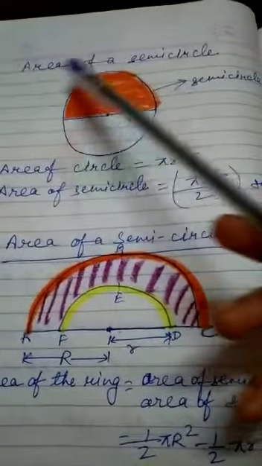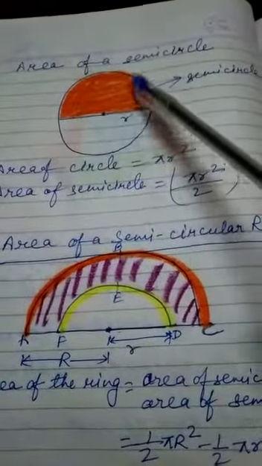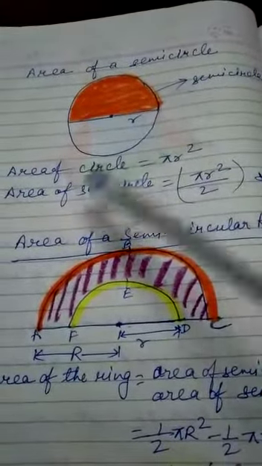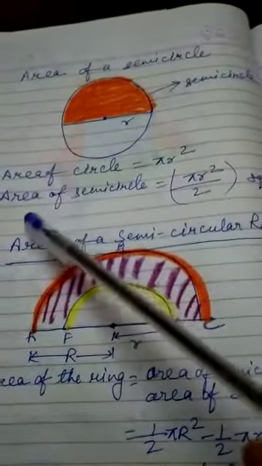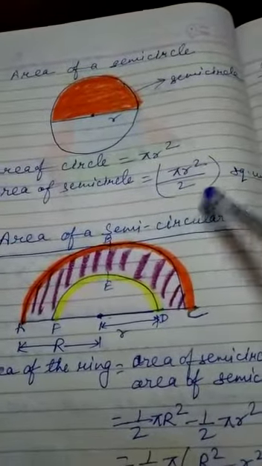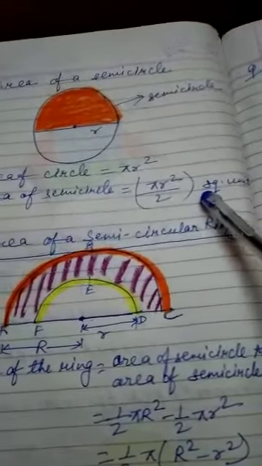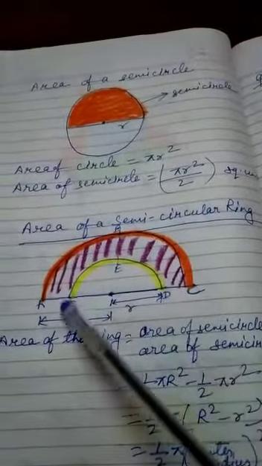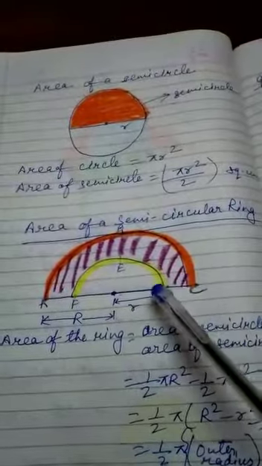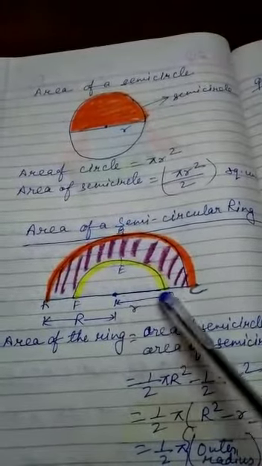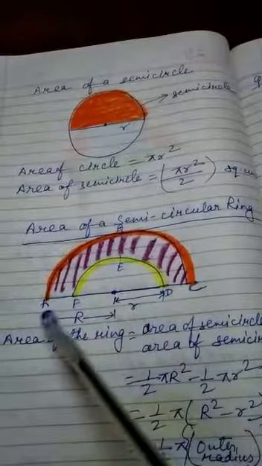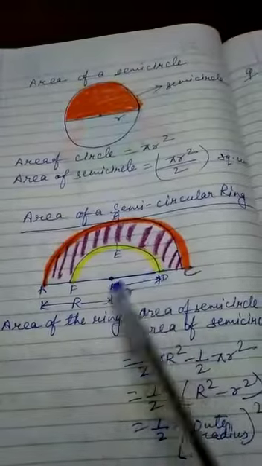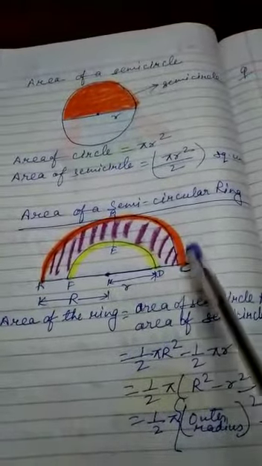Moving on to area of a semicircle. Here I have taken a circle, and half part of that is known as semicircle. Area of circle is pi r square, so area of semicircle is pi r square by 2. We find it in square units. Area of a semicircular ring. We are having here a ring shaped structure where this is the smaller radius, the inner circle, and this is the outer radius for the bigger circle. That's why we have taken small r for the small one, capital R for the bigger one.